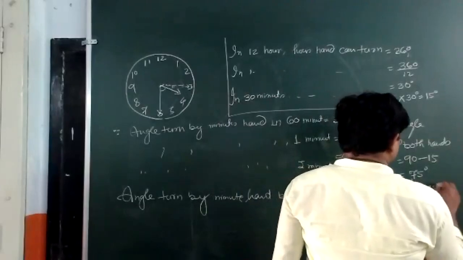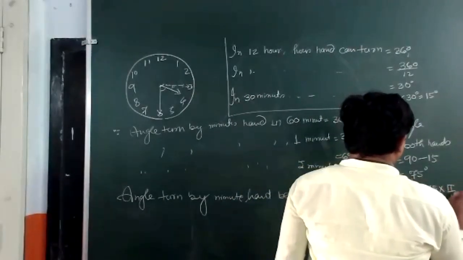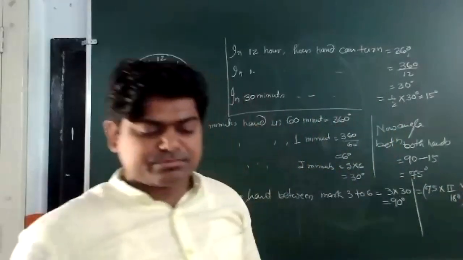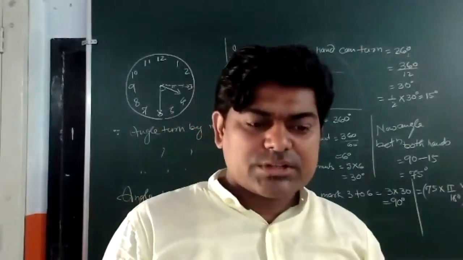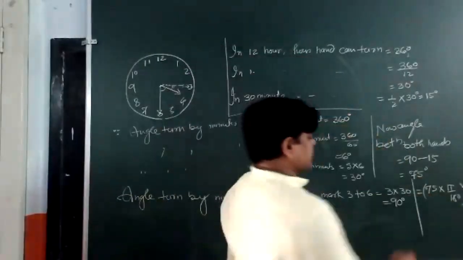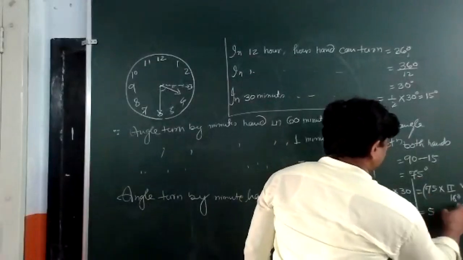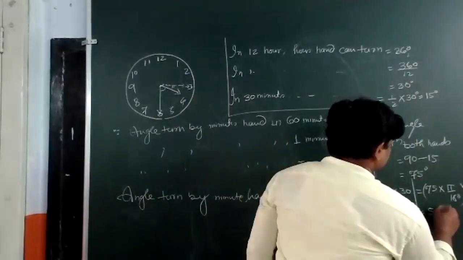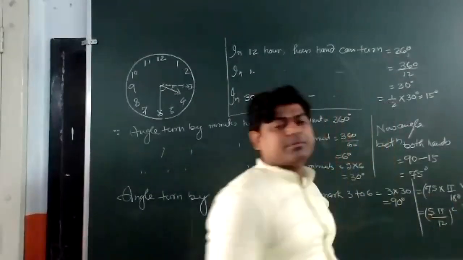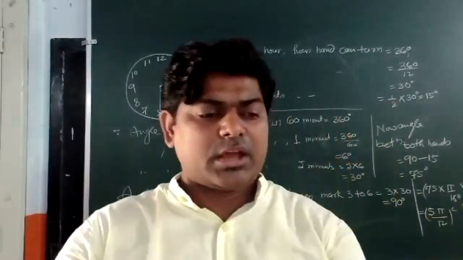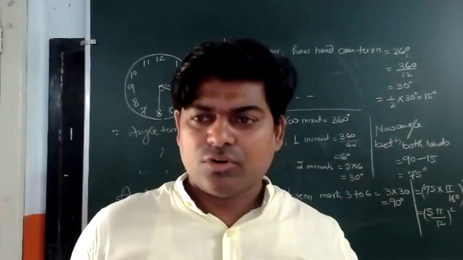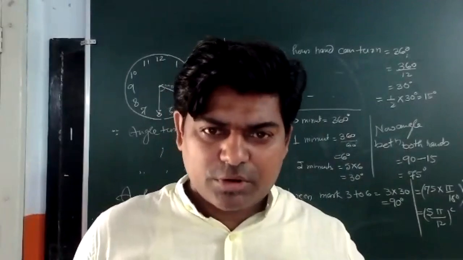That is equal to 75 into pi by 180 radian. Now you can simplify. I think 15 into 5 will be 75 and 15 into 12. So 5 pi by 12 radian. That is the angle between both hands. Got it? Anyone have any problem?